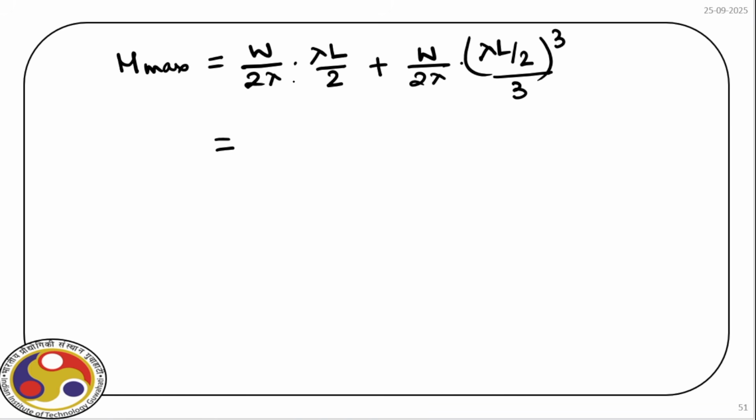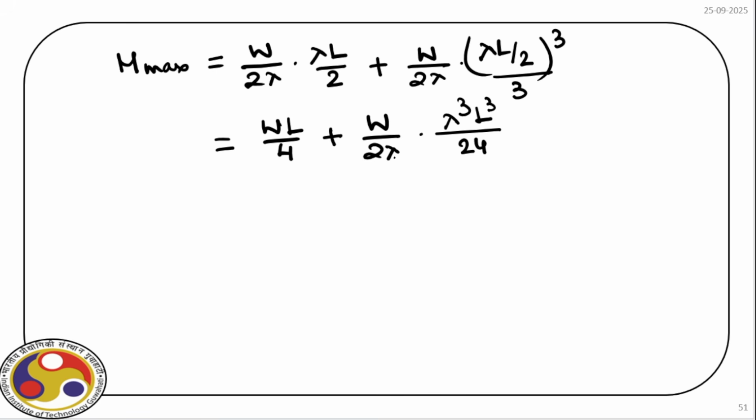That means we have WL by 4, the first term, plus for this term we have W by twice lambda, and then here we have lambda cube L cube divided by 2 to the power 3, that is 8 times 3, so it is 24.